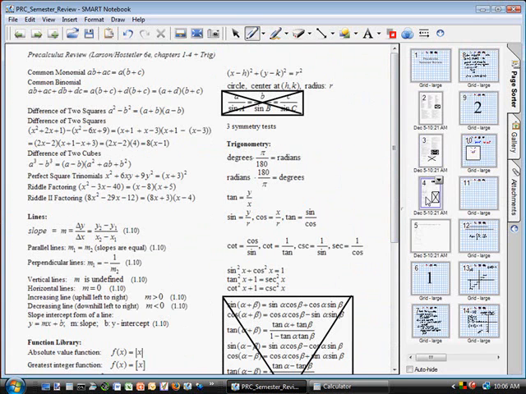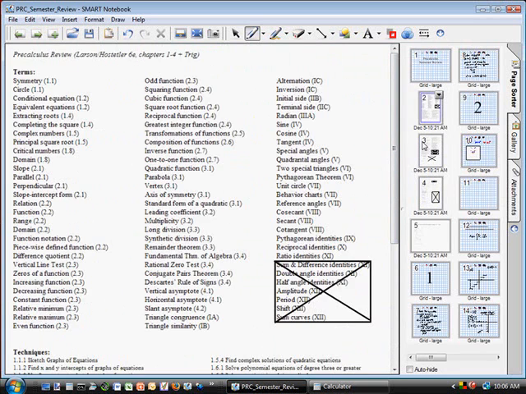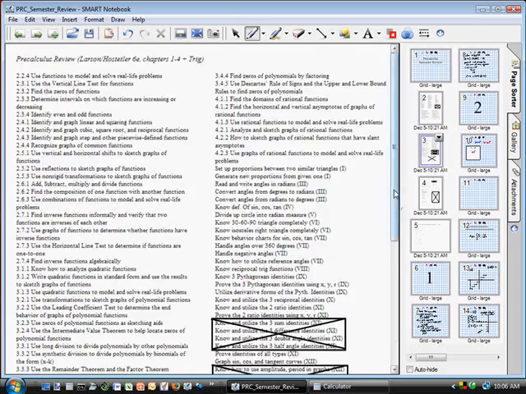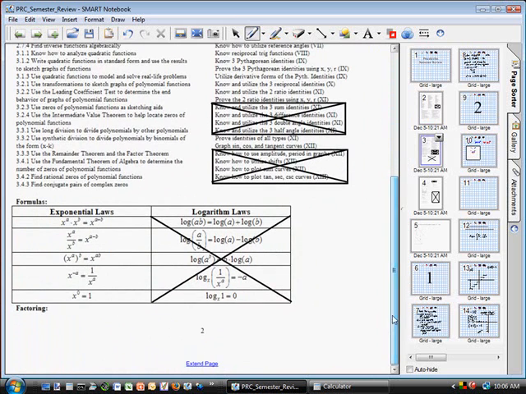Is that on the bottom? Which part of the sheet was that on? Oh, yeah. Do you see how I have the second part of the chart crossed out? The first column, exponential laws, that should stay there. But the second column, you can go ahead and cross that out. What, didn't I give you that?